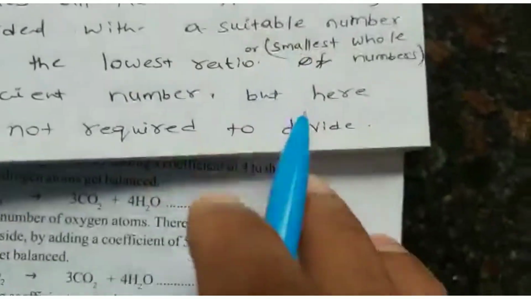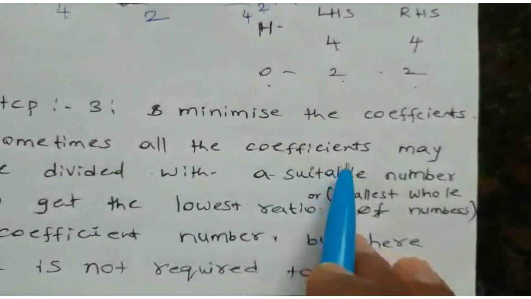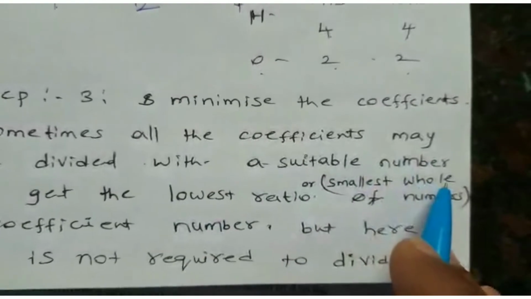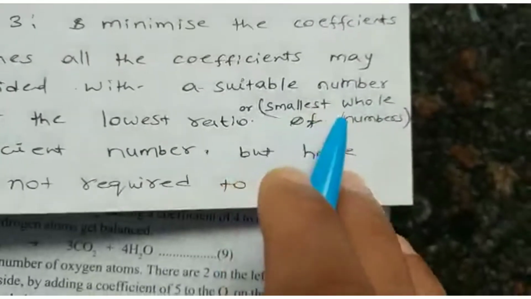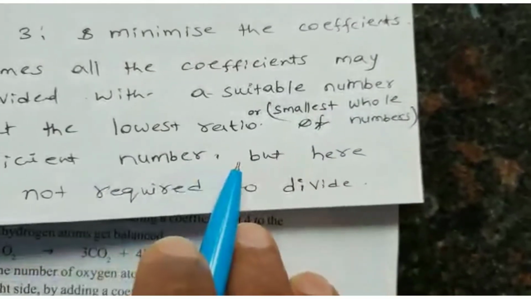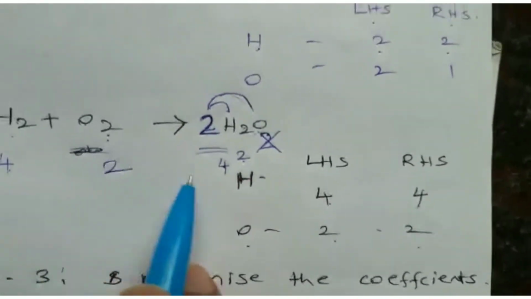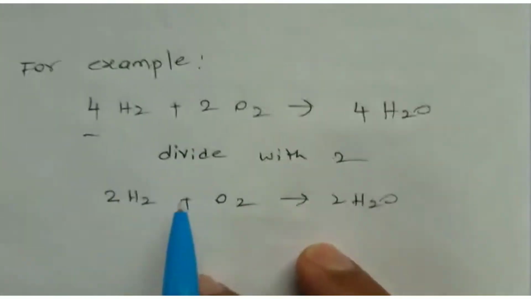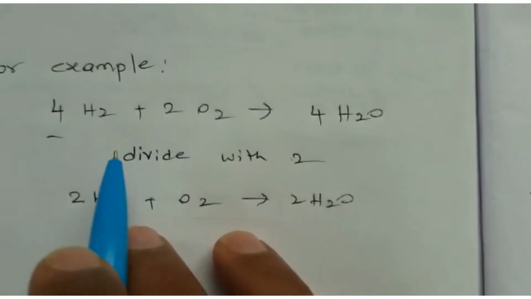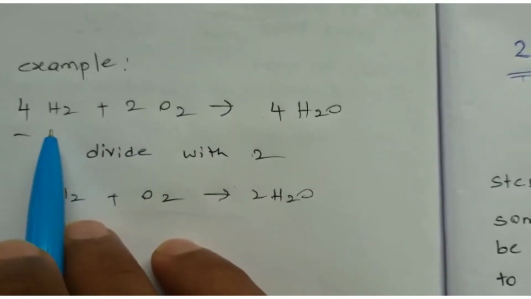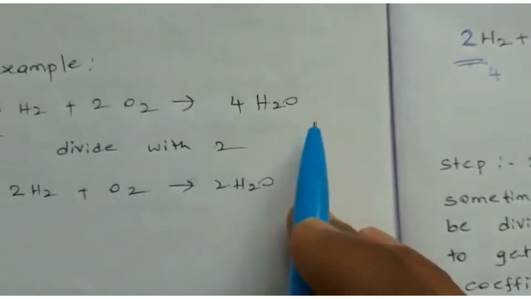Next, third step, we want to minimize the coefficients. Sometimes the coefficients may be divided by a suitable number. That means we want to make them the smallest whole numbers. But here it was not required. For example, an equation like 4H2 + 2O2 gives 4H2O.